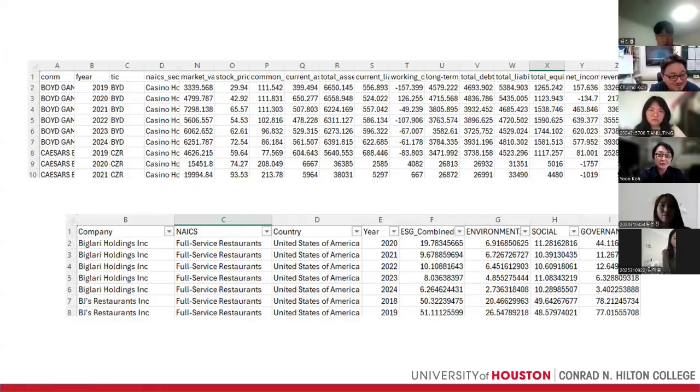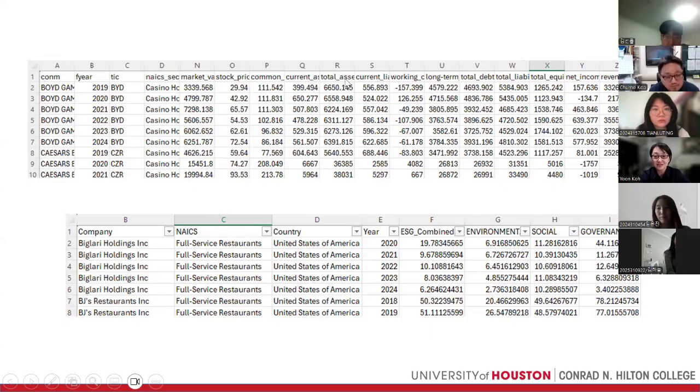So this is the data that I collected for my current research. As you see here on the left side, it is company name and then fiscal year, the unique code for stock trading and segmentation and so forth. And then I downloaded the market value of the company's stock price and the number of common stocks, and balance sheet items, right?